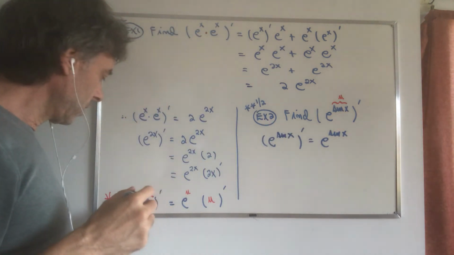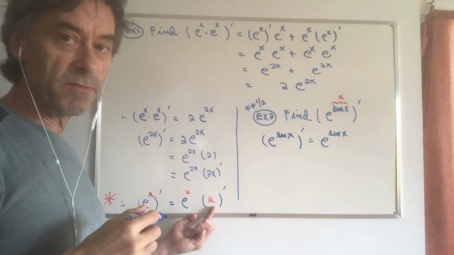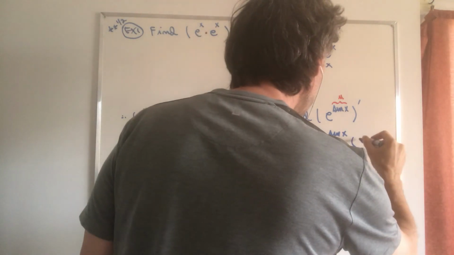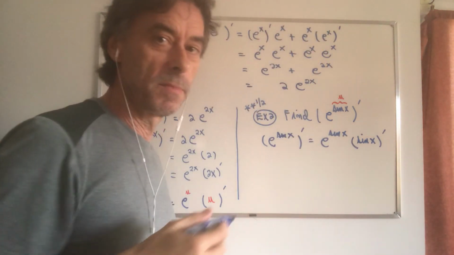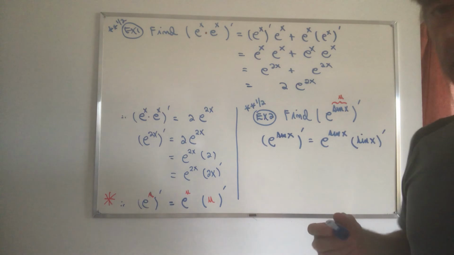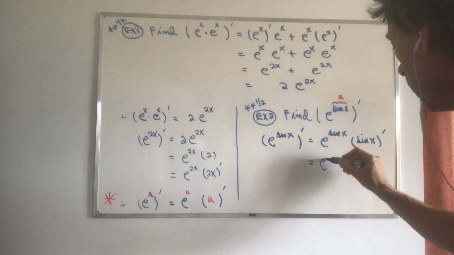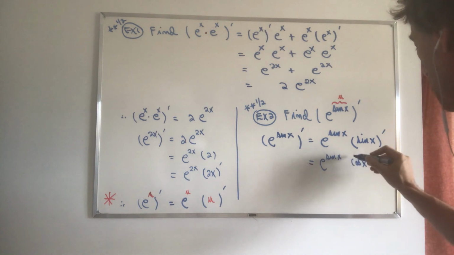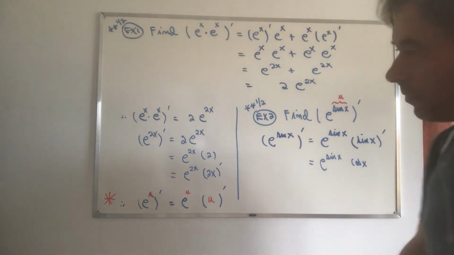So the derivative of e to the u is itself times the exponent of e prime. So basically we are going to have here sine x prime like this. Yes? Okay. So what we have is e to the sine x multiplied by cosine x, and that's that. That's the answer to the derivative of e to the sine x. Not too hard, is it?